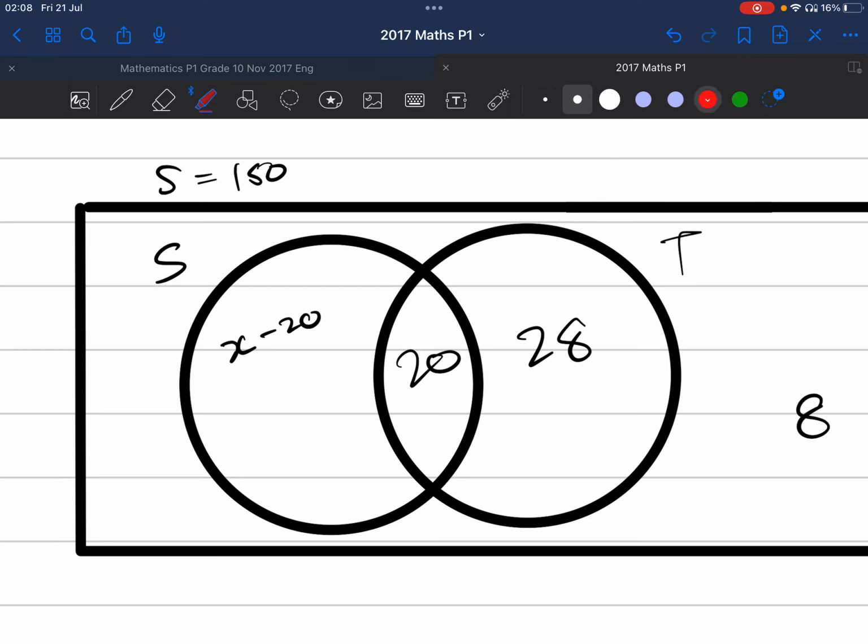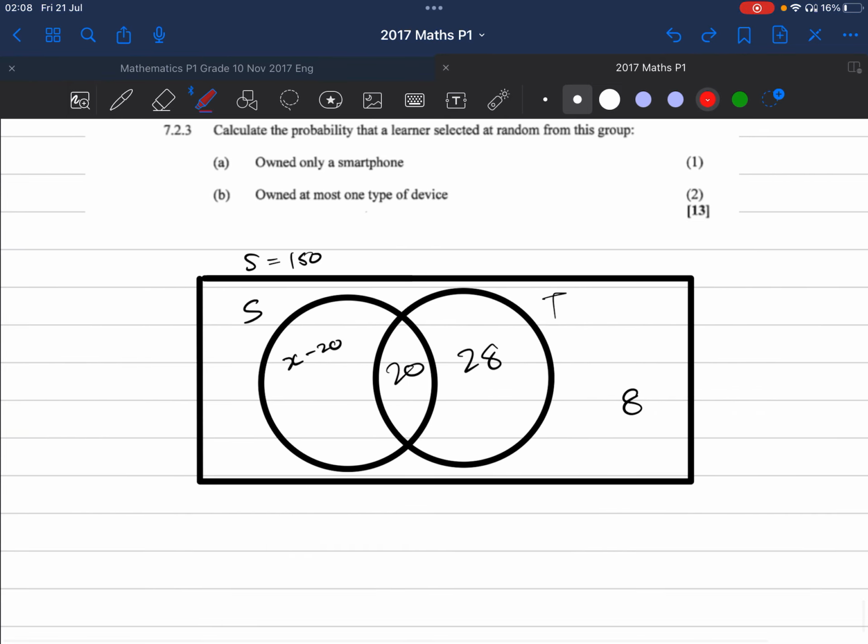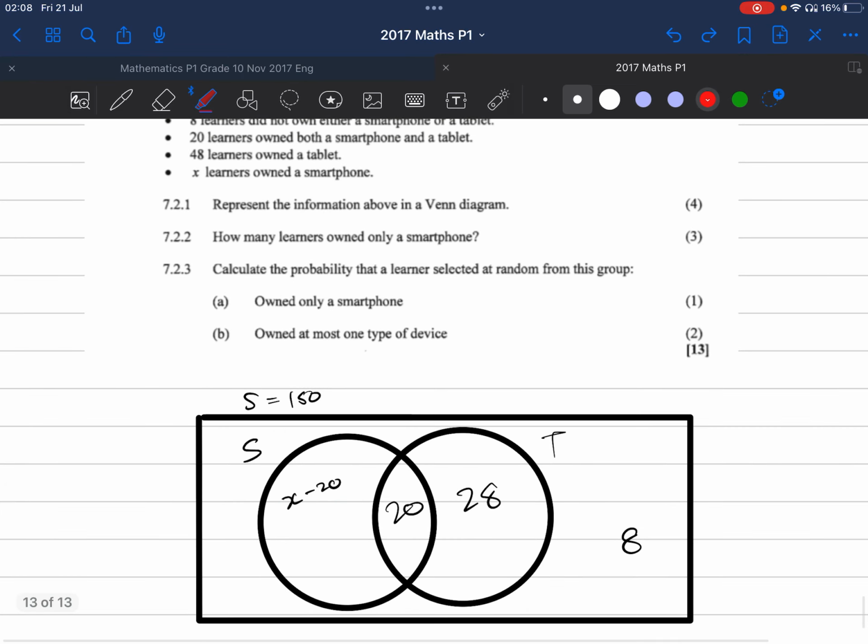Okay, why do I say that? Because remember, this whole circle has to equal X, and if we already accounted for 20 in the intersection here, then the rest is X minus 20. Okay, fine.